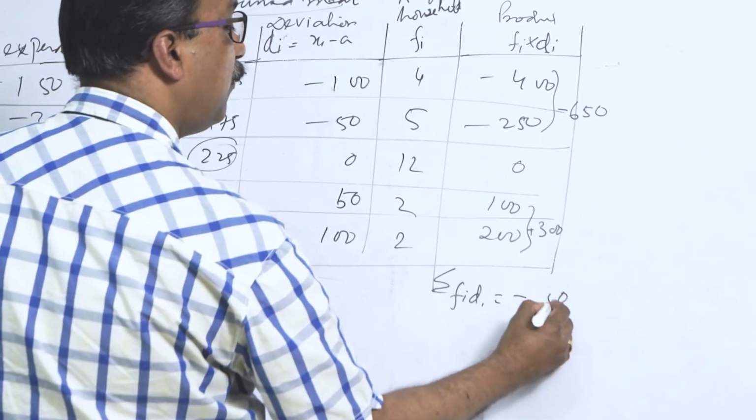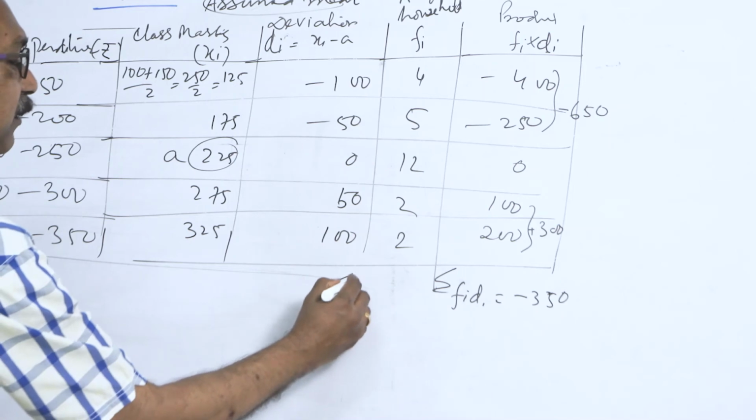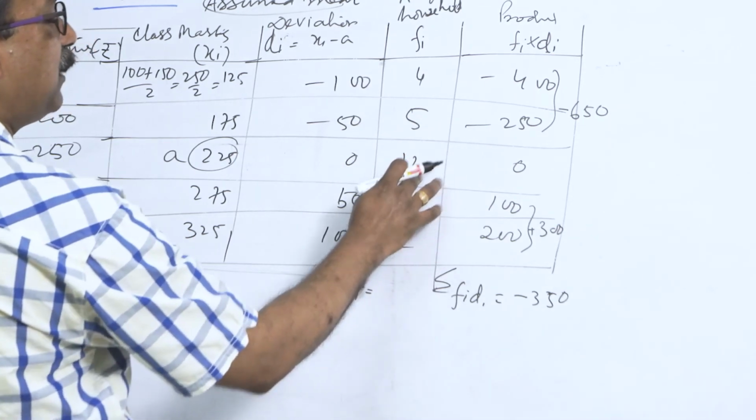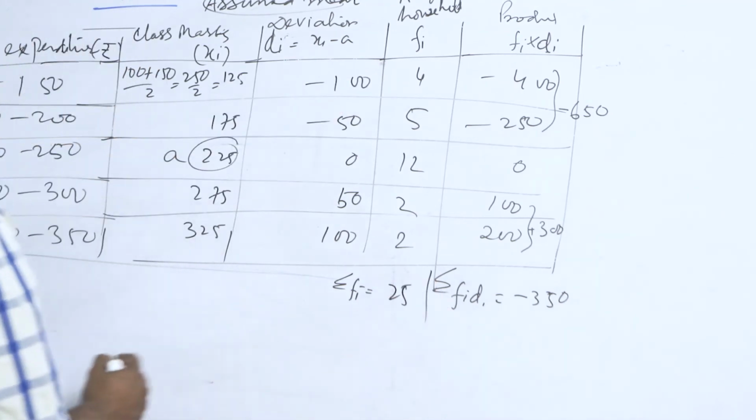Minus 350. And sigma fi: 2 plus 2 is 4, 12 plus 4 is 16, 20, 25. Now you go for the mean.